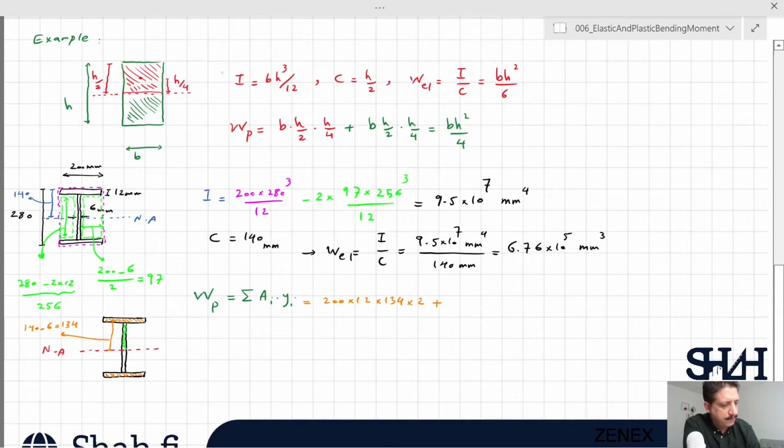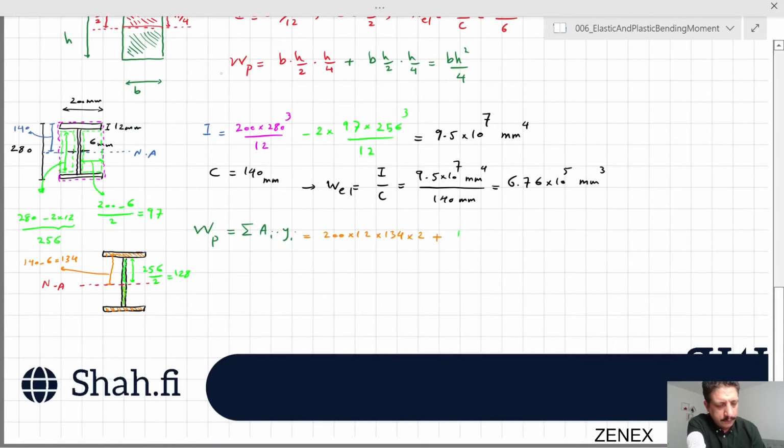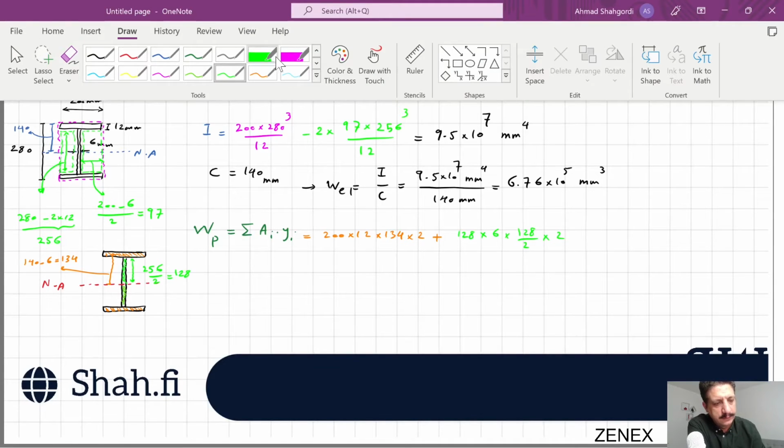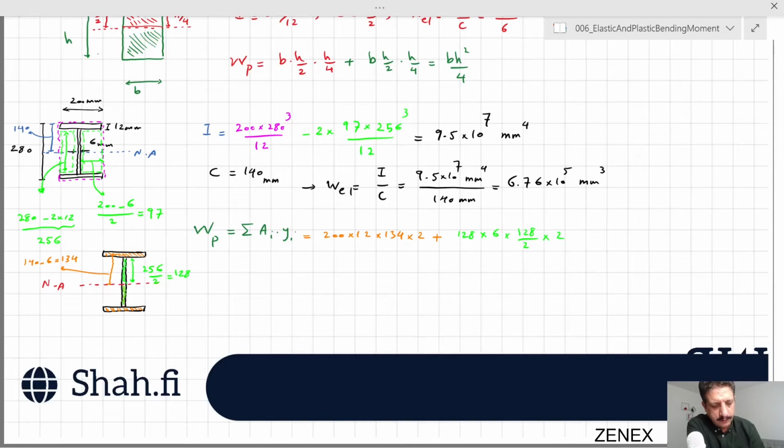then we have web, which the height is half of 256, and the thickness is 6 millimeter. 128 times 6 is the area, times half of 128, the distance, and then we have two sides, the same elements, so it will be multiplied by 2.